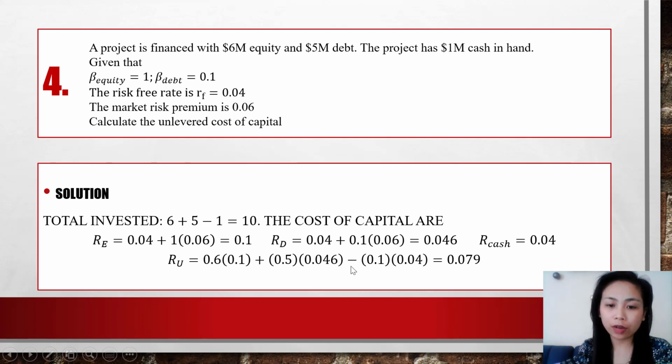Subtract 0.1 times 0.04. Remember, cash is negative debt. That's why we had to subtract here. The proportion of cash is 10%, which is 0.1, times 0.04, the cost of capital for cash, and we got 0.079. So the unlevered cost of capital for this project is 0.079.